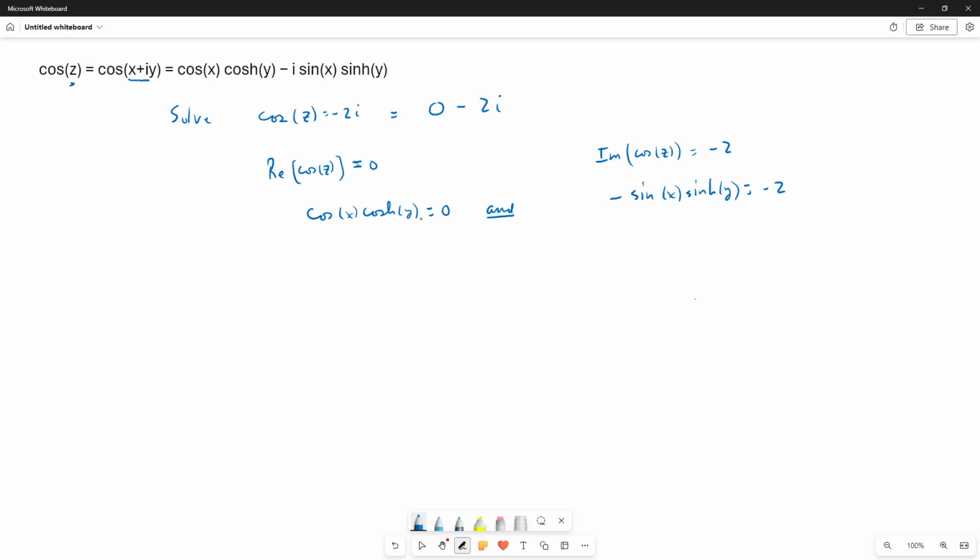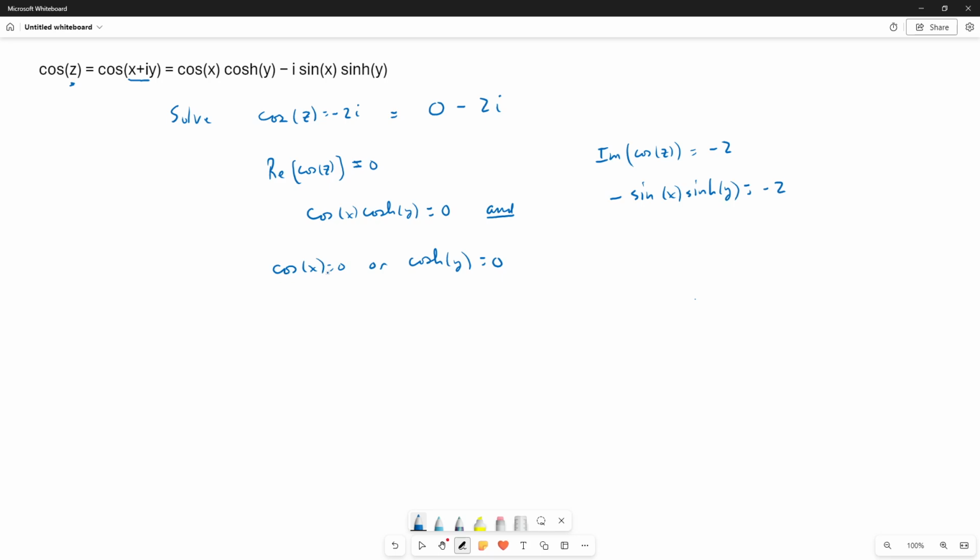It's a good idea to start with the equation that has a 0 on the right side, because if the product of two quantities is 0, then one of the quantities must be 0. So this equation boils down to either cosine of x is equal to 0 or hyperbolic cosine of y is equal to 0.